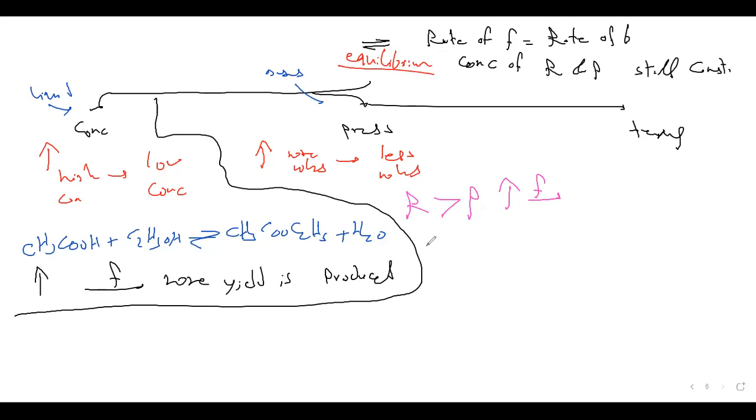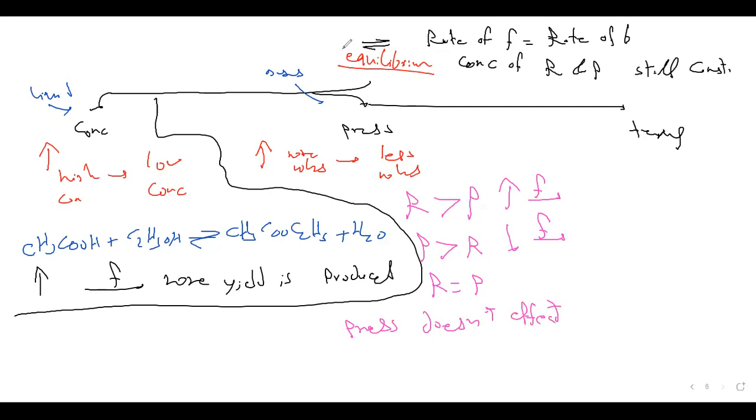If the number of moles of products is greater than reactants, we must decrease the pressure to make the reaction move forward. If the number of moles of reactants equals the number of moles of products, pressure doesn't affect. Why? Equal number of moles on both sides.